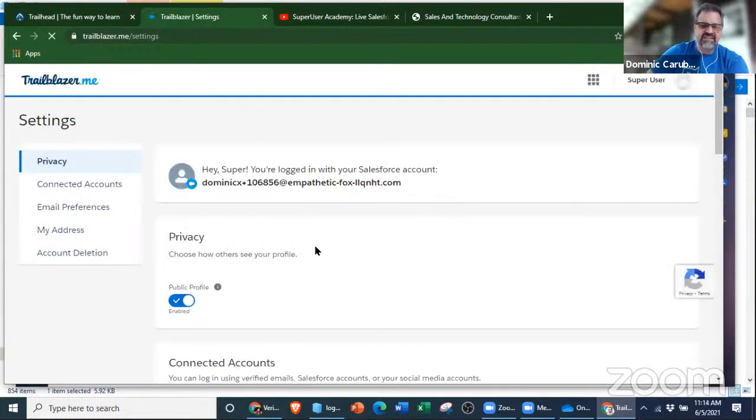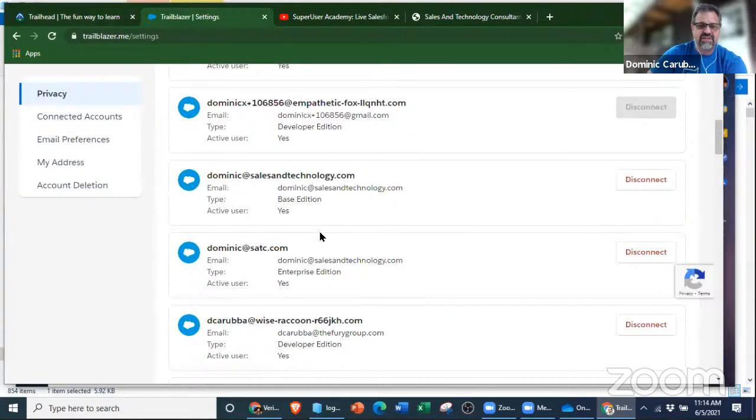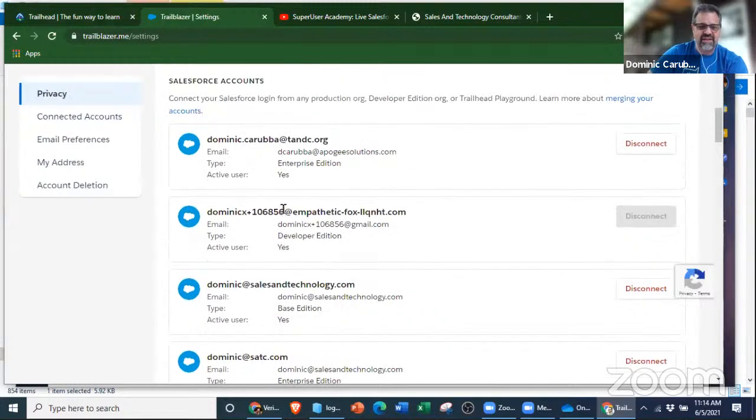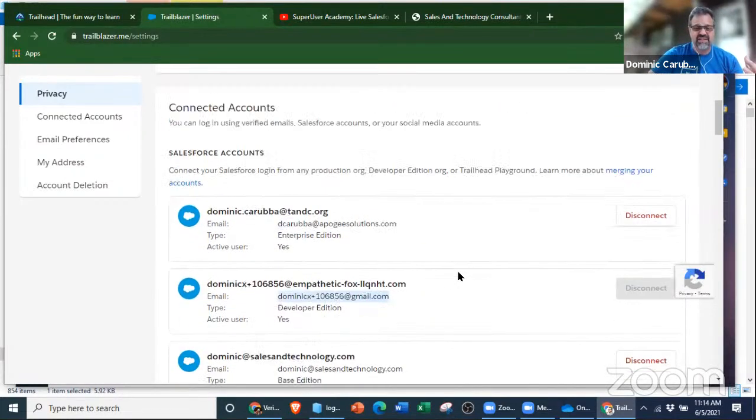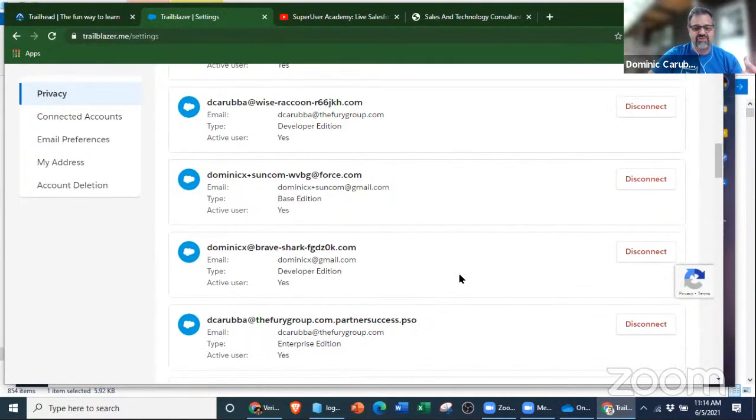What it does is I put a plus sign next to my Gmail address, right? So my email has these little markers on it right there. So my email address is not my normal email address, right? So it's something else. And so it creates that account.